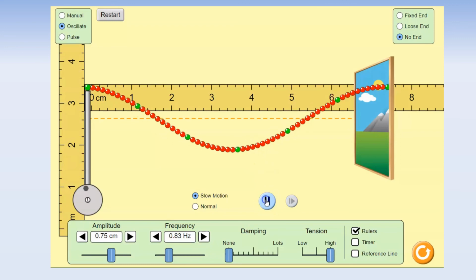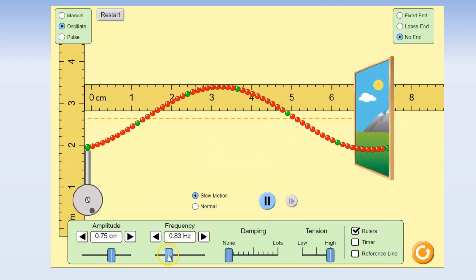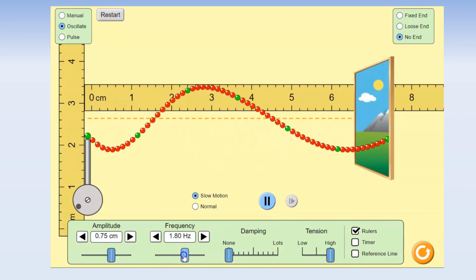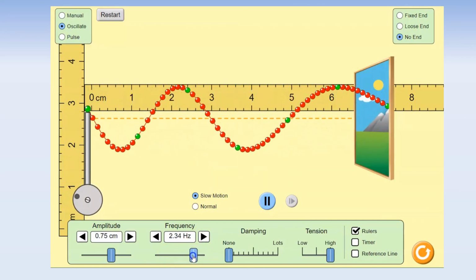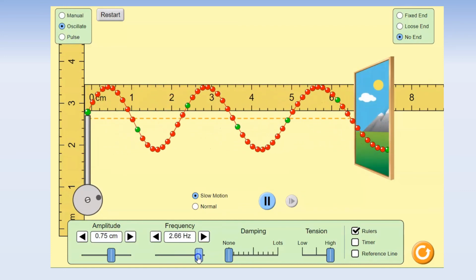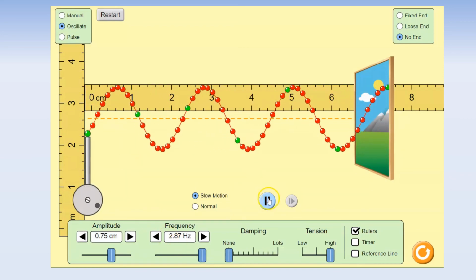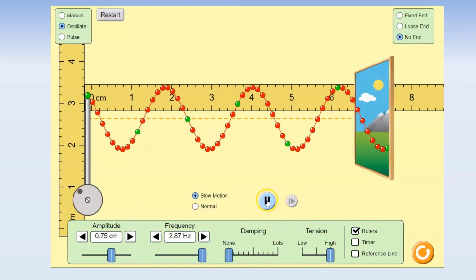Let's see what happens here when we increase the frequency of the wave. Take a look at what happens to the wavelength. As the frequency of the oscillator increases, as it makes more oscillations per unit time, you can nicely see what happens to the wavelength.